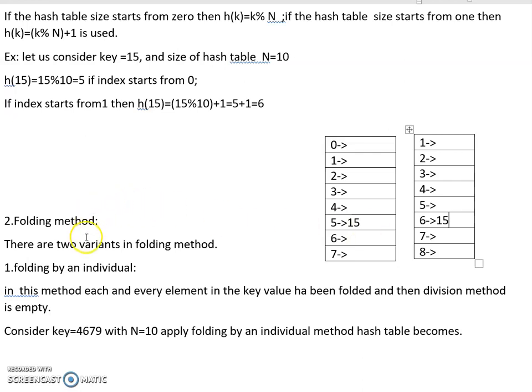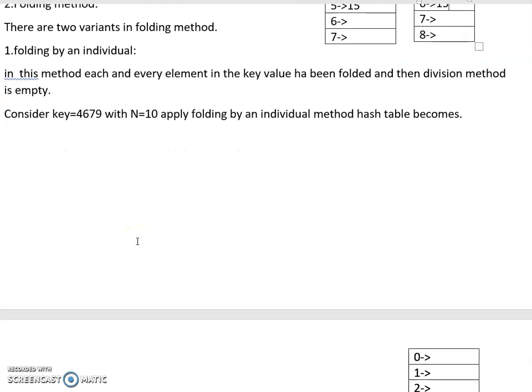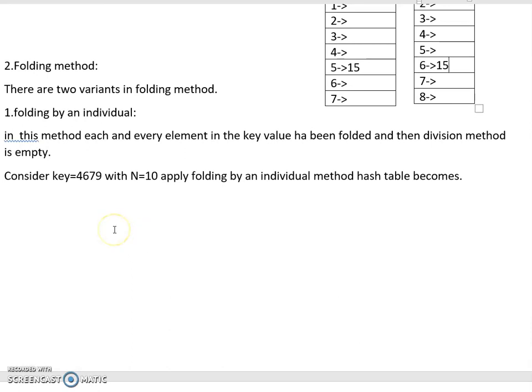Next, folding method. In folding method, again there are two variants. First one is folding by individual, another one is folding by shift parameter.